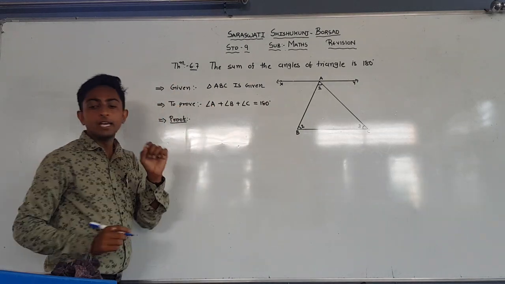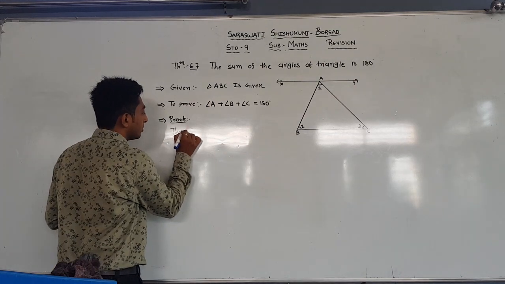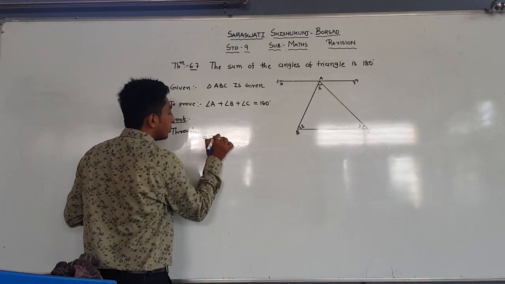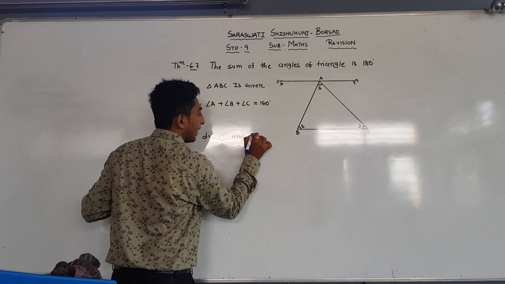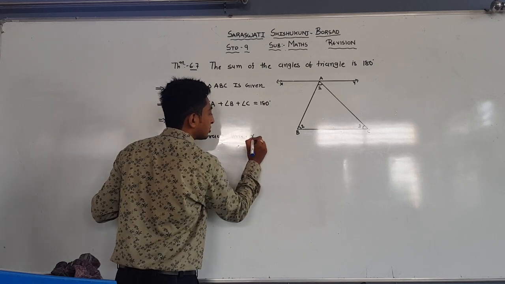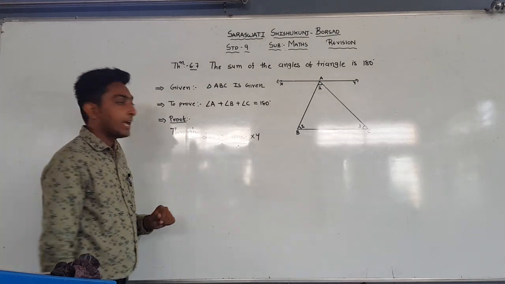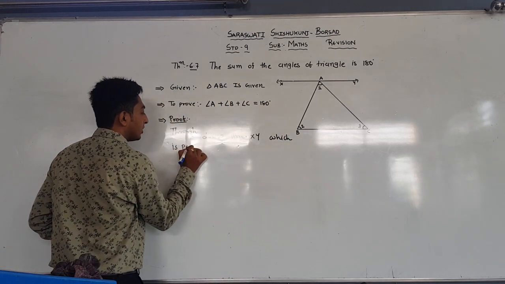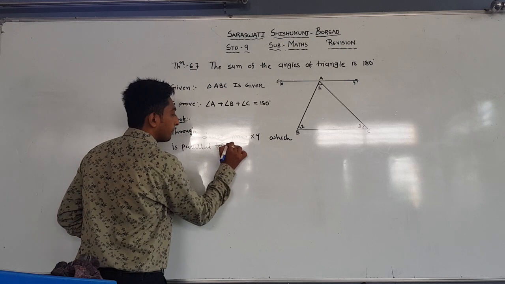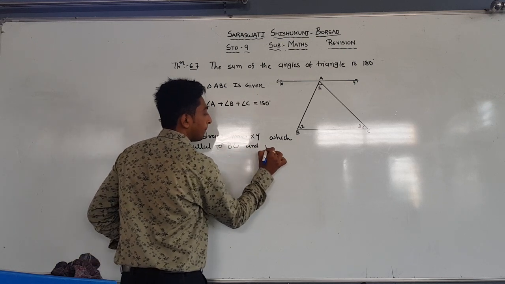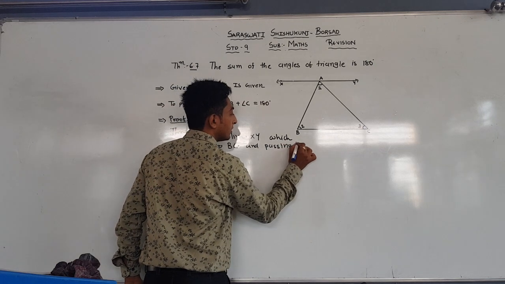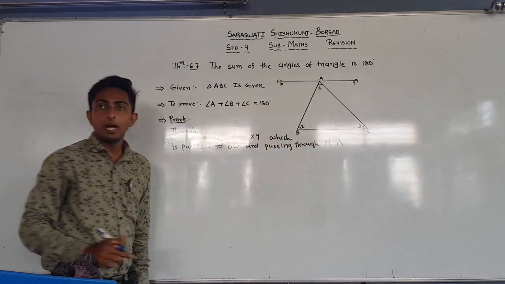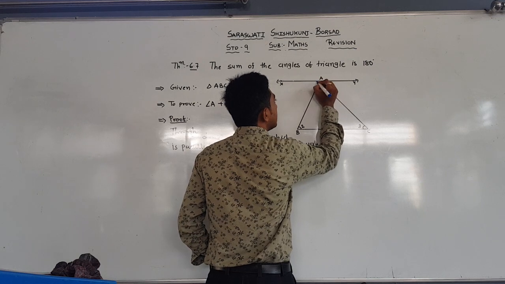So here I have to write: draw line XY which is parallel to BC and passing through the point A. Now we know that if I draw the line, this is an angle.